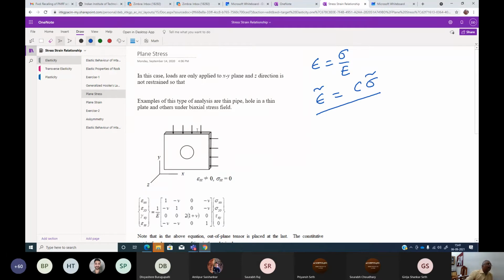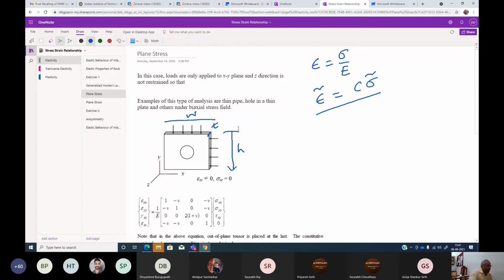So external stresses or external loads are applied on a plane, in this case the XY plane. Then the thickness of this plate is very small compared to the width and height of whatever we are testing. Thickness T is very small.